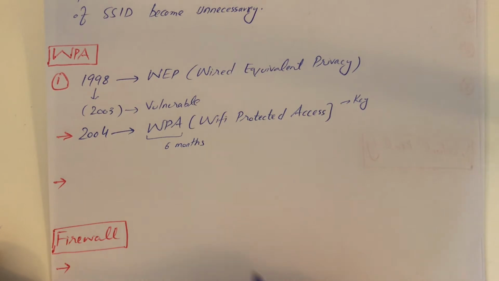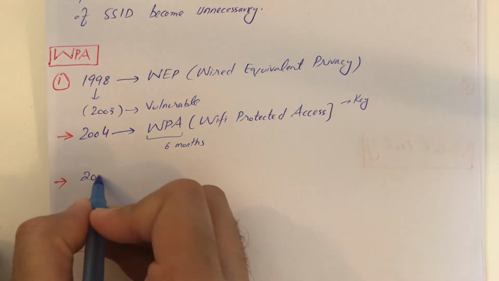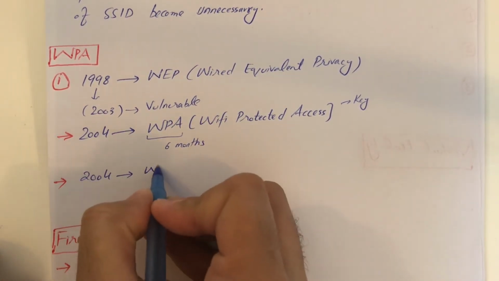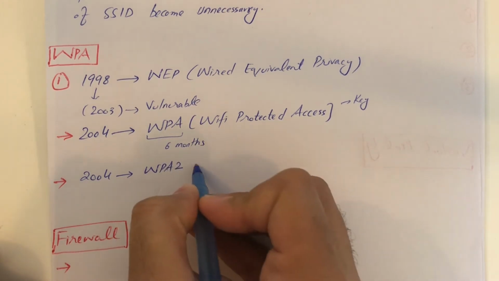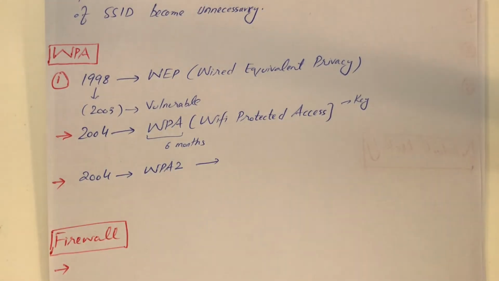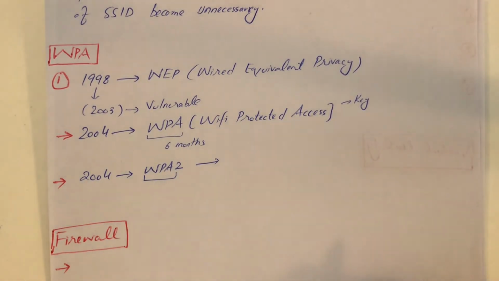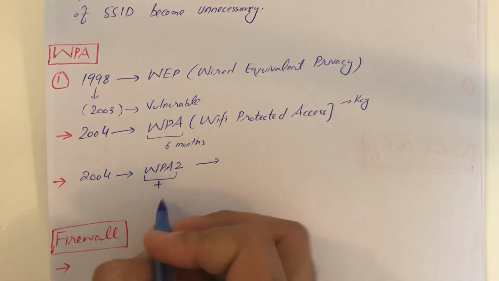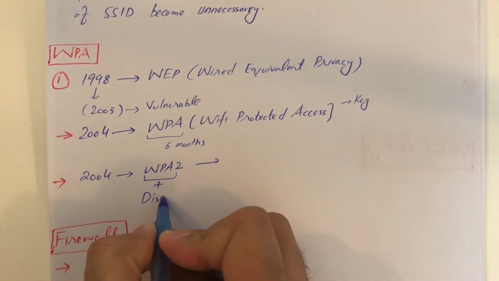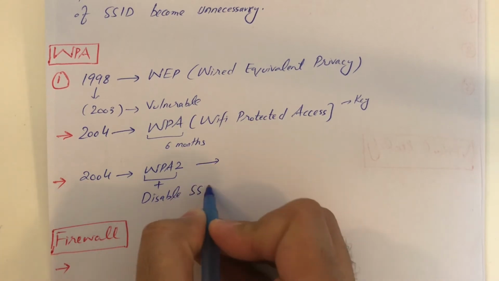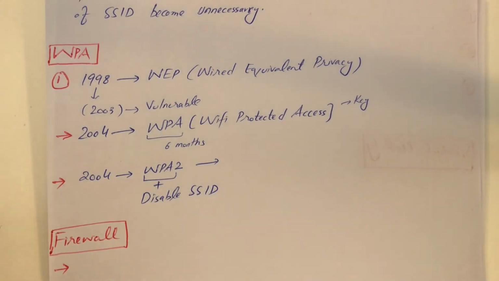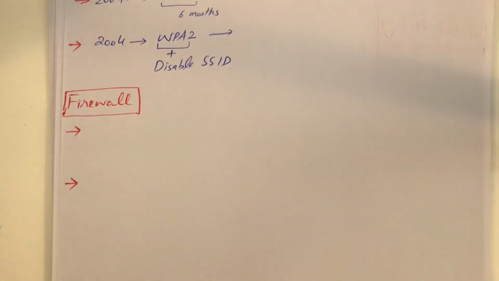Within the same year, it was quickly replaced with WPA2. And we still use WPA2. The best technique is you should use WPA2, which will provide you excellent encryption security, plus disable SSID broadcast. So you can actually block the piggybackers from getting access to your network.